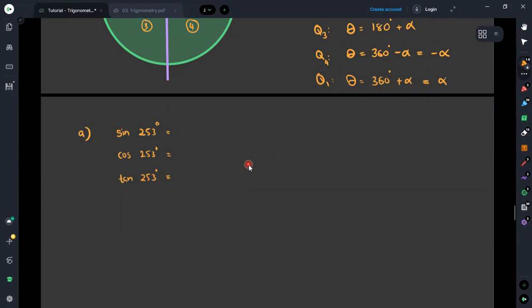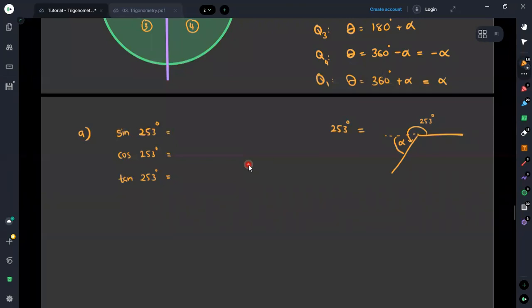Therefore, we can simply say 253. If you find out 253 degrees, measuring it from here, then 253 will be in the third quadrant. Therefore, if you measure the angle, this should be 253 degrees. Therefore, we can take this 253 as the associate acute angle alpha.